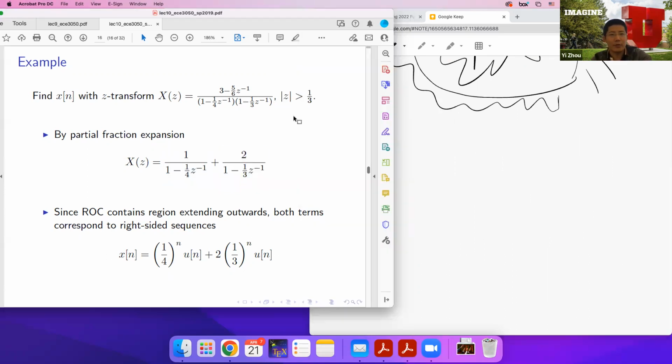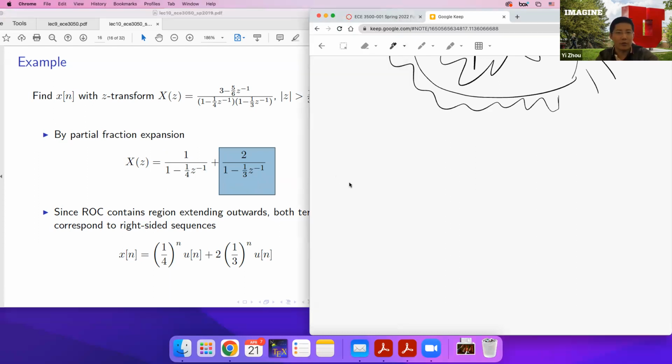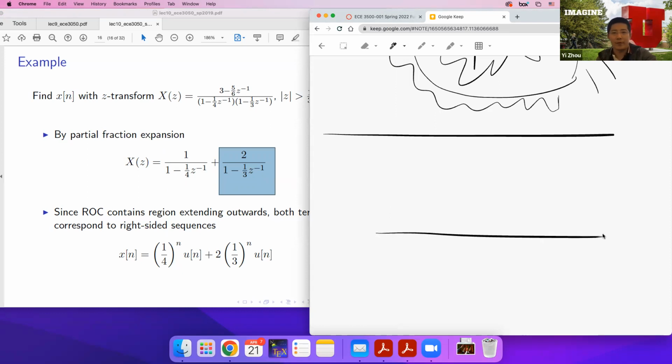In this case, we have two poles corresponding to these two parts of the Z transform. The first pole is at Z equals 4, the second one at Z equals 3. Okay, so these are the two poles. But actually, it should be 1/3 and 1/4. So 1/4, 1/3.